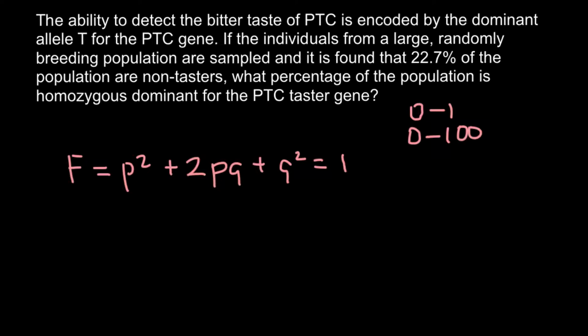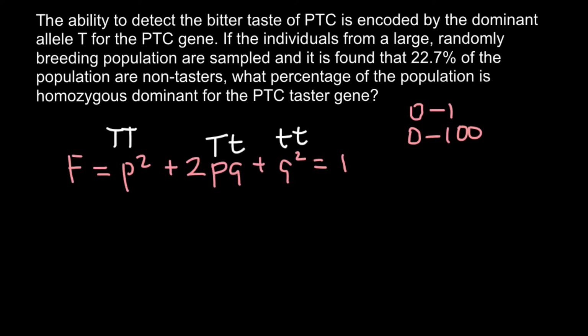p squared stands in our formula for the homozygous dominant genotype, 2pq stands for the heterozygous genotype, and q squared stands for the homozygous recessive genotype. As you see, we have only p and q alleles.